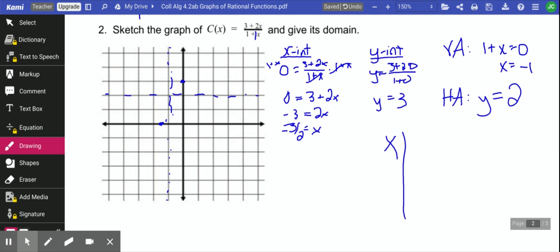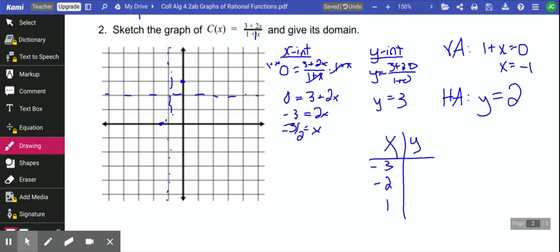All right, so that's going to give us a little bit of structure. To finish out this graph, we're just going to create a little table of values. So let's see. I can't plug in -1, but I could plug in -2. You could plug in -3 if you wanted to. We've already plugged in 0, so let's plug in 1. That's probably enough points.